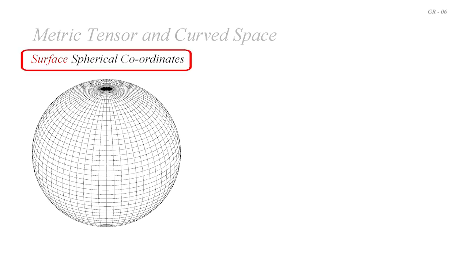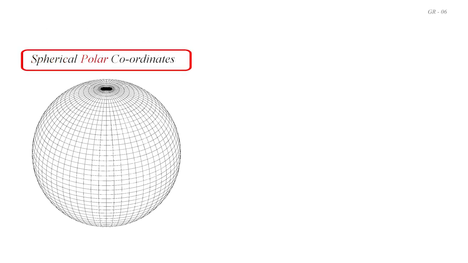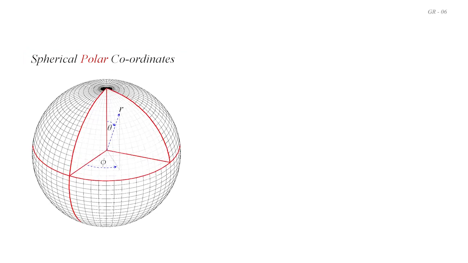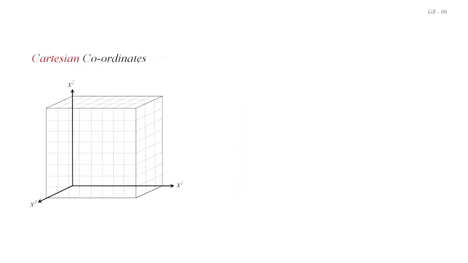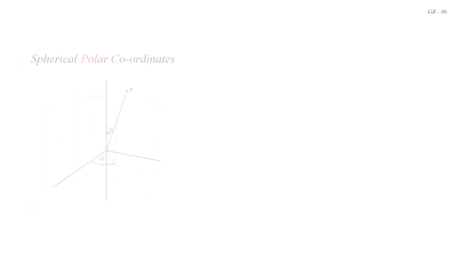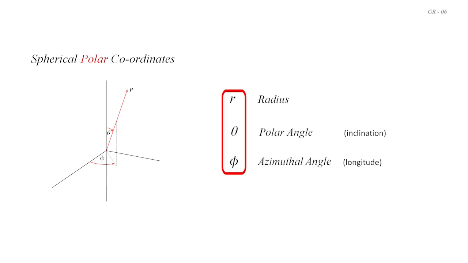When we talk about spherical polar coordinates, normally we start with the same kind of diagram, but in that case r is not constant, of course, and we use these 3 coordinates, r, theta and phi, to measure position in 3-dimensional flat space, just as we'd use x, y and z in 3-dimensional Cartesian coordinates to measure that flat 3-dimensional space.